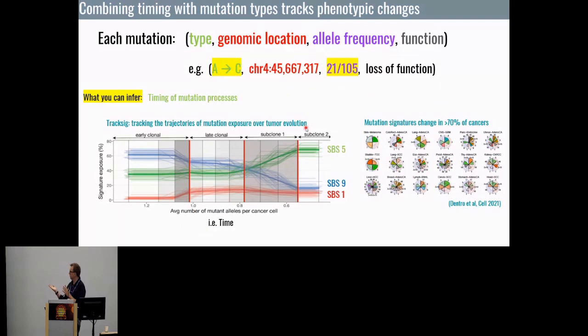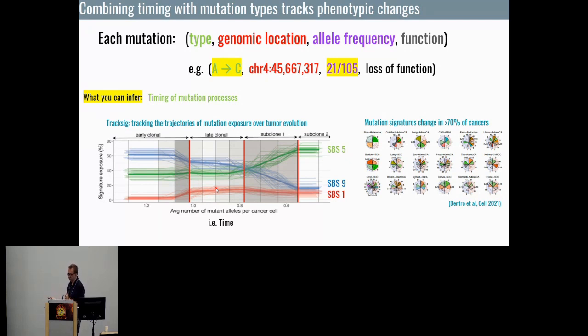So 70% of the time, the mutation signature exposures change over the transformation of the cell from the normal cell into a cancerous cell. In this case, for example, they're very cancer type specific, because this mutation process, which is called SBS signature 9, is associated with the action of polymerase eta on the IgH locus in maturing B cells.